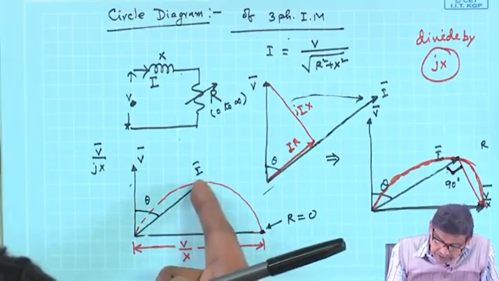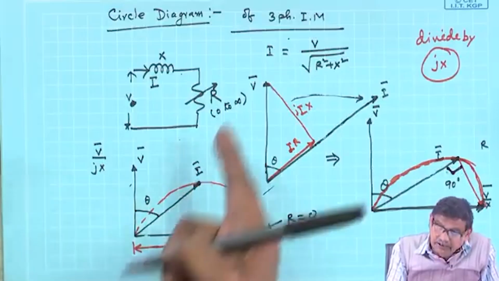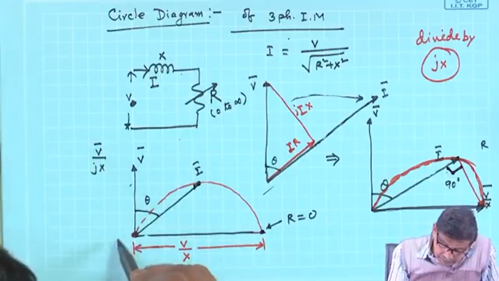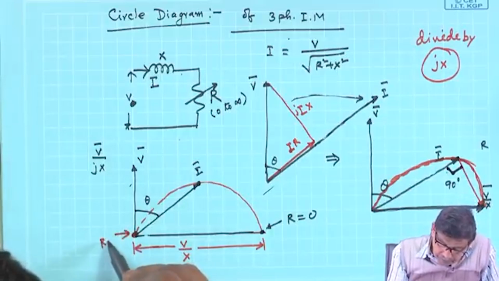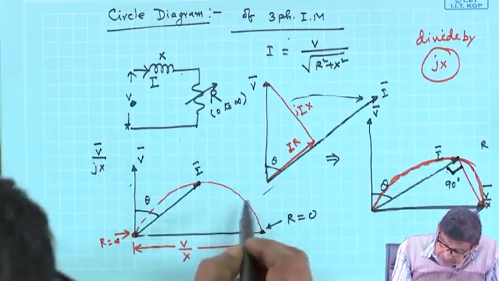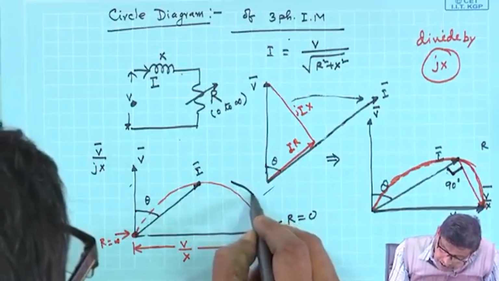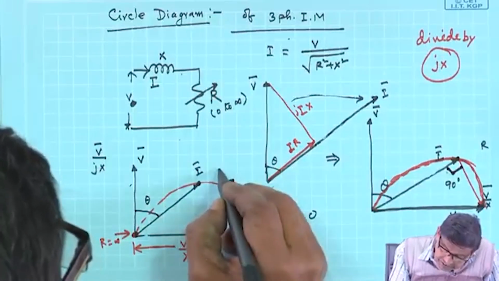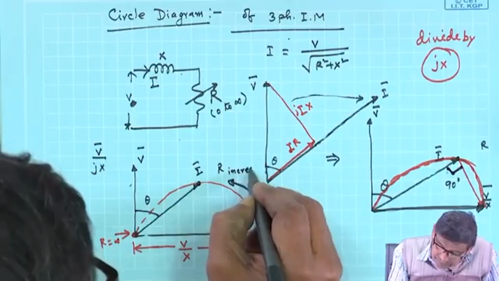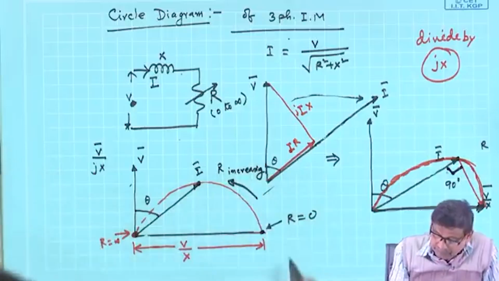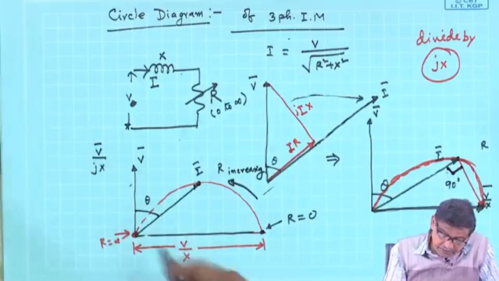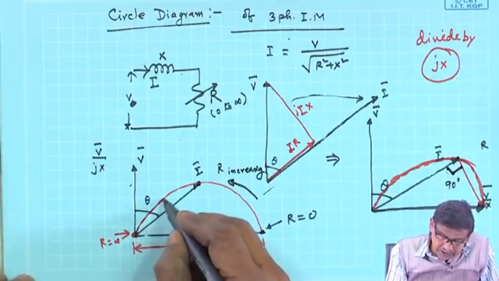Intermediate values are here. And where is r equal to infinity? It is this point. Therefore, to this circle diagram, I must attach this arrow, r increasing from 0 to infinity, and the current phasor will be like this.